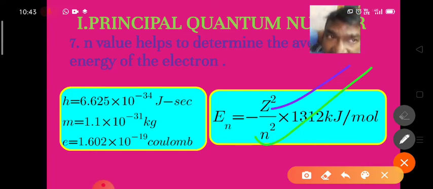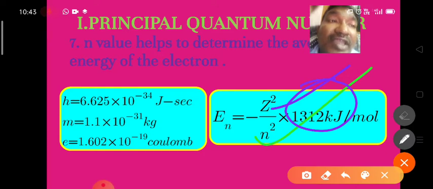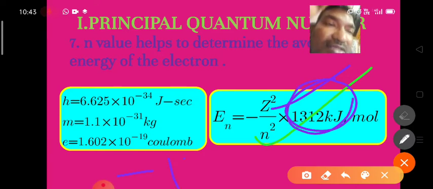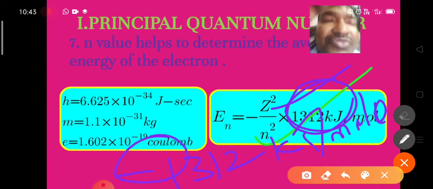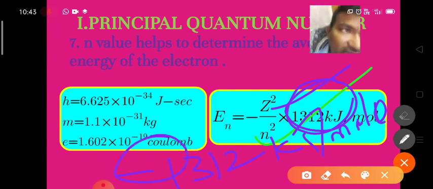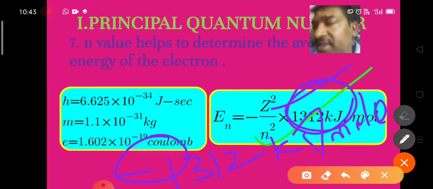By this equation, the energy of the first shell of the hydrogen atom is equal to minus 1312 kilojoule per mole. This minus symbol tells us that as the electron approaches the nucleus, its energy decreases, and as the electron moves away from the nucleus, its energy increases.